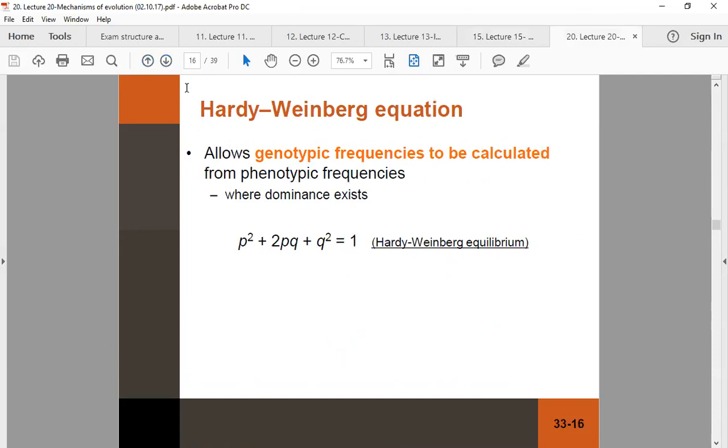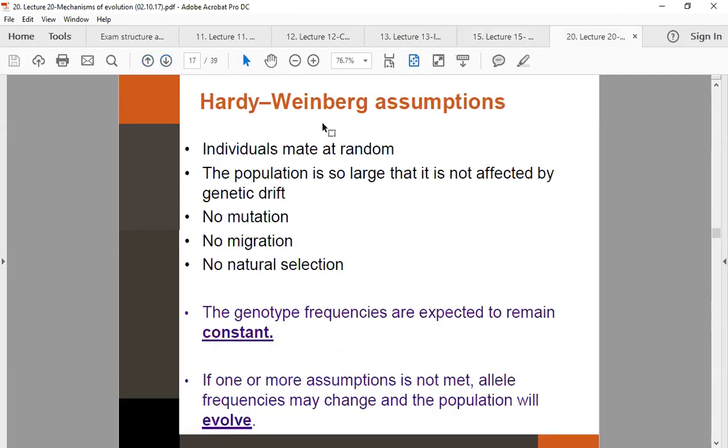All right, who remembers our Hardy-Weinberg hypothetical population? The Hardy-Weinberg model, this hypothetical ideal population that reaches an equilibrium and does not evolve. This is based on certain assumptions that are listed here.